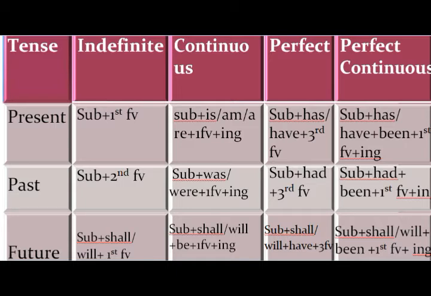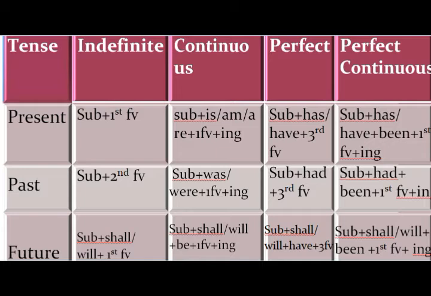See, in perfect continuous, we use the formula of two tenses, that is perfect tense and continuous tense. Okay. In present perfect continuous, first we use the formula of present perfect, that is subject plus has or have. After that we use the word been. Okay.